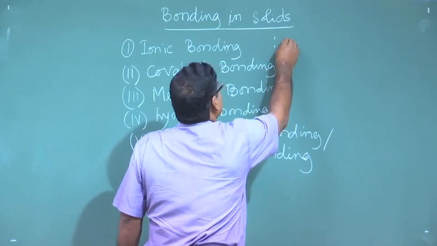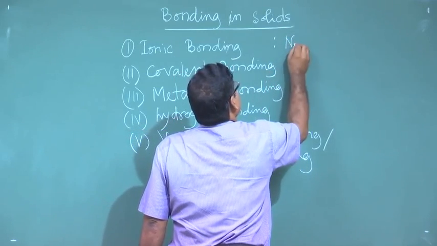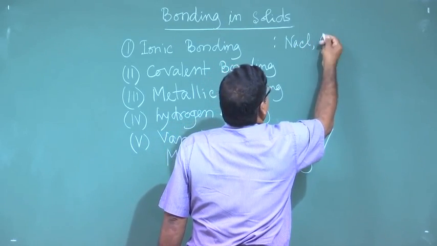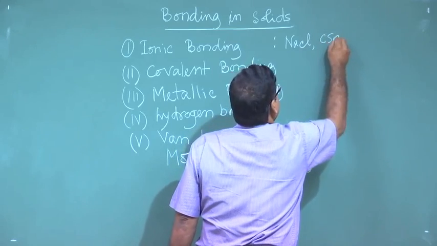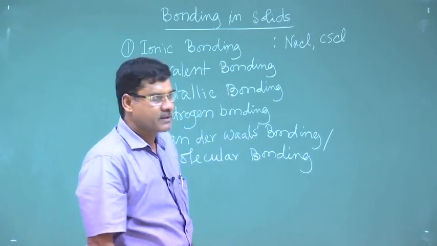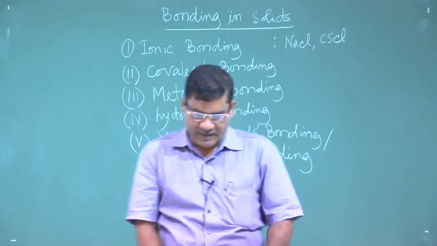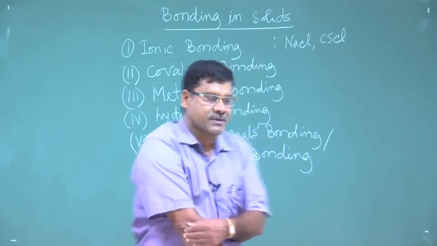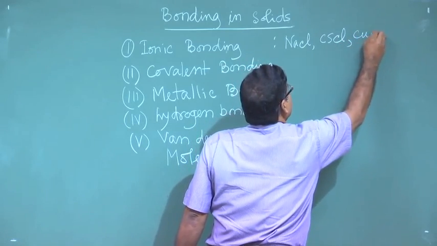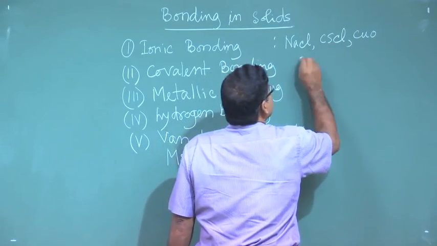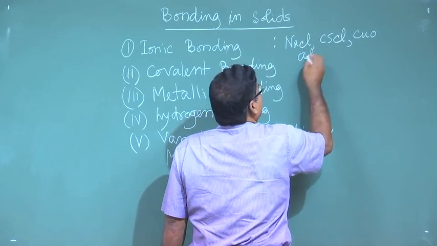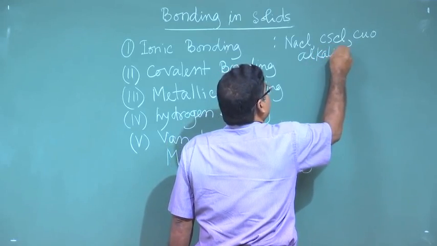So, examples of ionic bonding in solids: sodium chloride, potassium chloride, also cesium chloride. So, all alkali halides and alkaline oxides, say copper oxide.